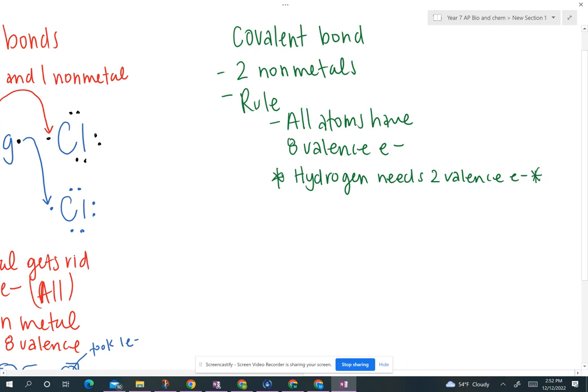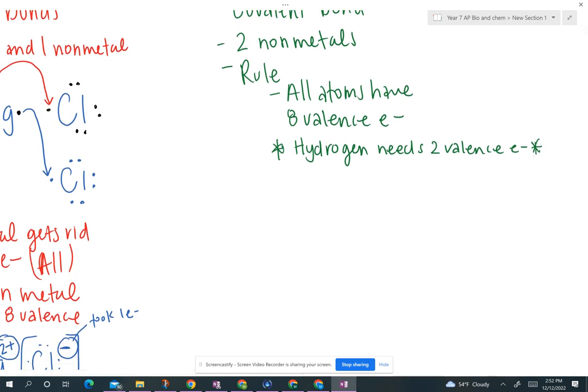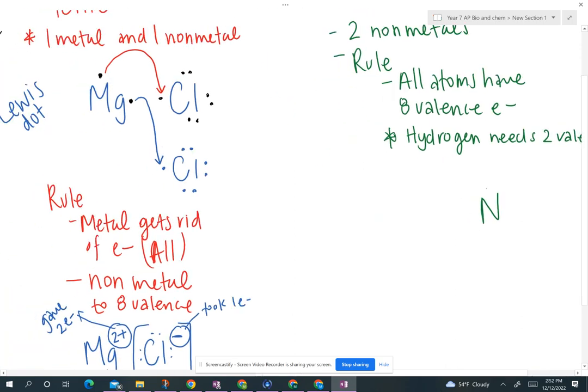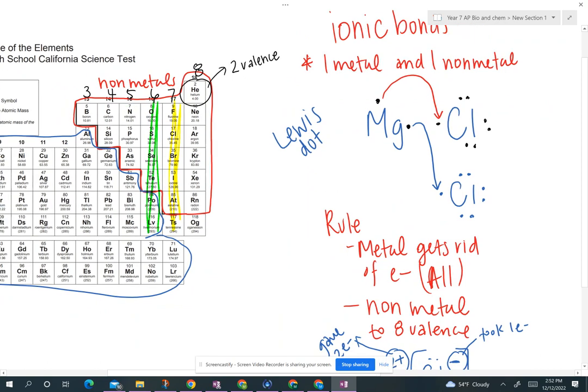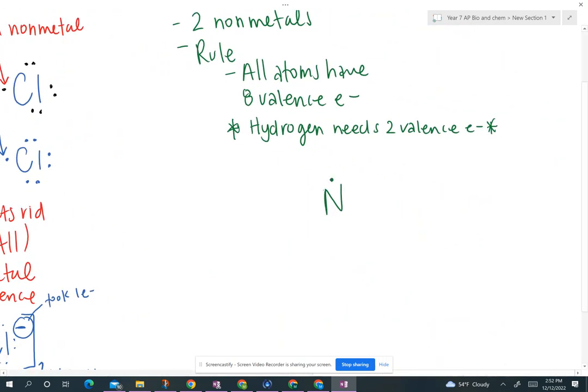So an example that I can have on here, I'm going to start off with the nitrogen. Nitrogen, if I look on here, this is where it is on the periodic table. There's a 5 on the top, which means I have 5 valence electrons. Then I can do another oxygen right here.